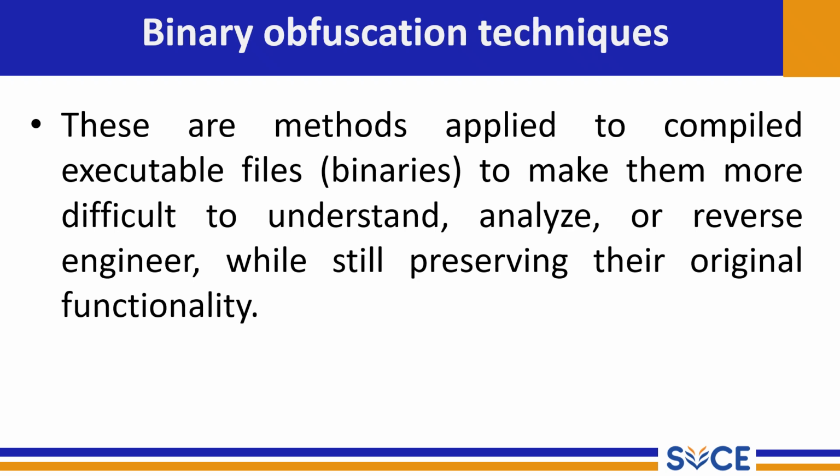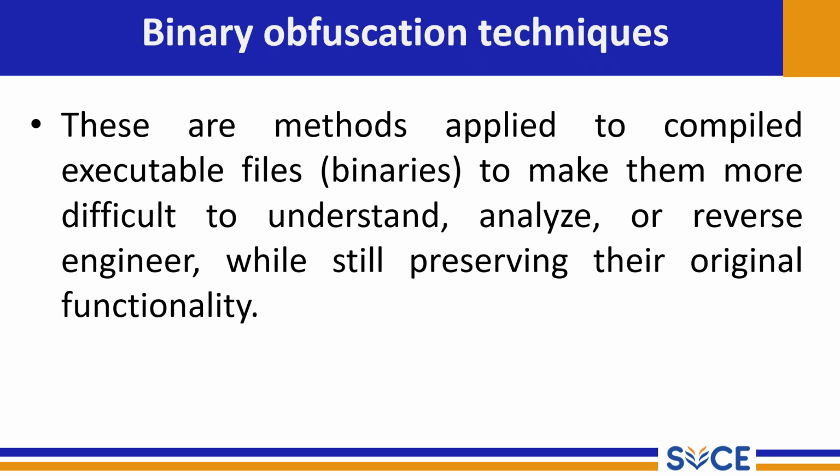First of all, what is file and binary obfuscation? As we discussed in the previous video, what is meant by obfuscation, what are the techniques to be followed, the advantages, disadvantages, and the various types of obfuscation.